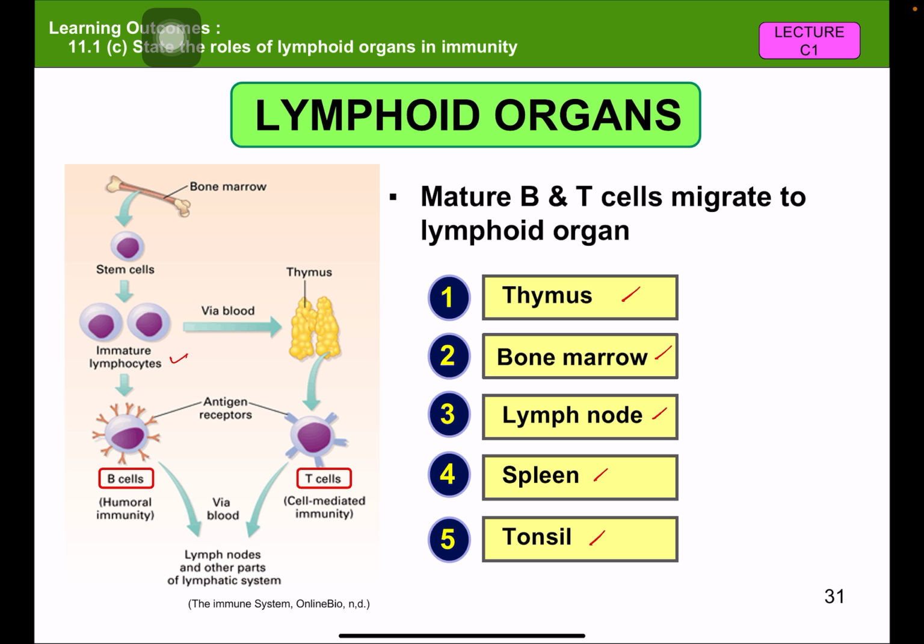From the thymus they become the T cells, for cell-mediated immunity. And if they migrate to the bone, they will be called B cells, which are important in humoral immunity.